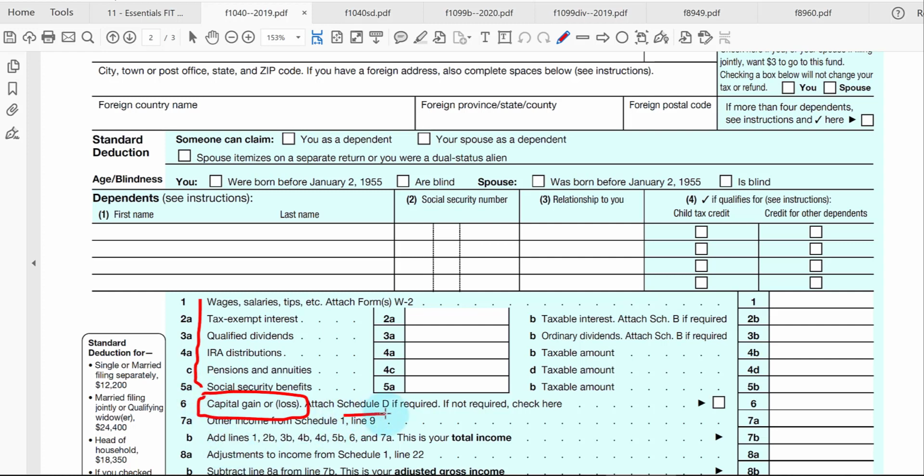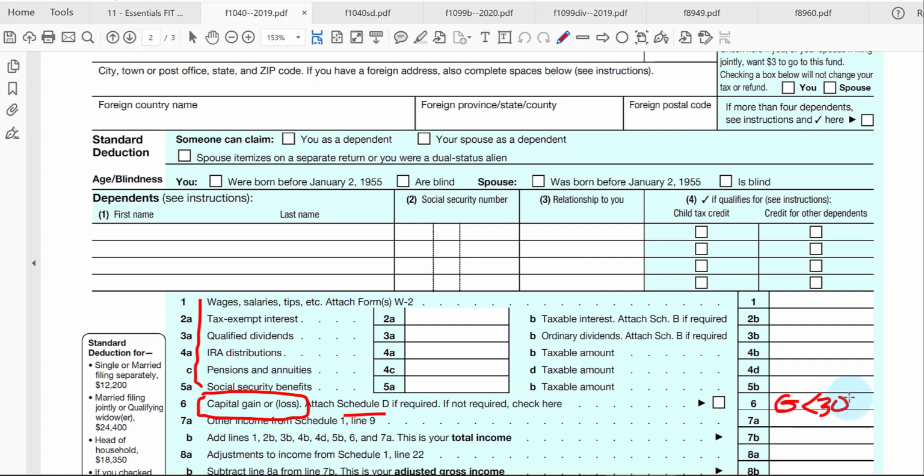So we're going to come up with one figure here in line 6 to put in the total capital gains, be it short or long term, after subtracting out capital losses. But if you end up with more capital losses than capital gains, in other words, a net capital loss, if you remember in the previous video, we can deduct up to $3,000 of a loss here.